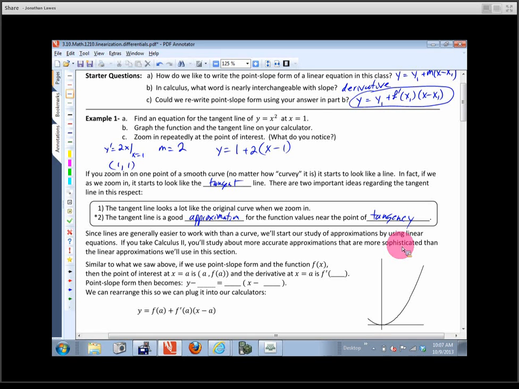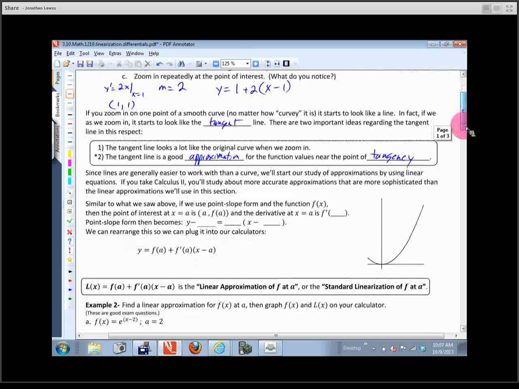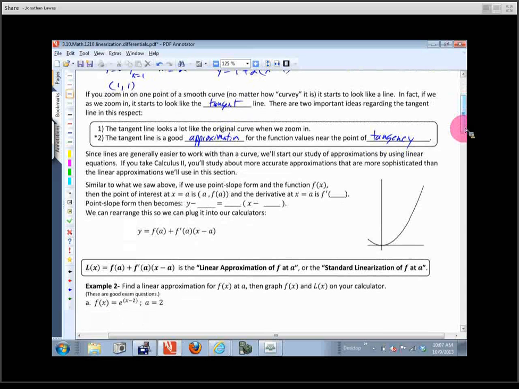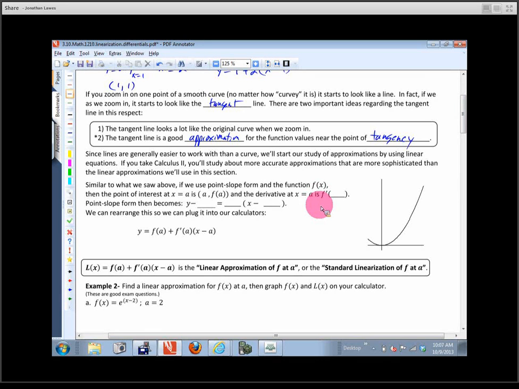Like we saw up above, if we use point slope form, we can put it a little bit more in terms of calculus terms. If the point of interest is x equals a, our point of tangency, then the point would be (a, f(a)).